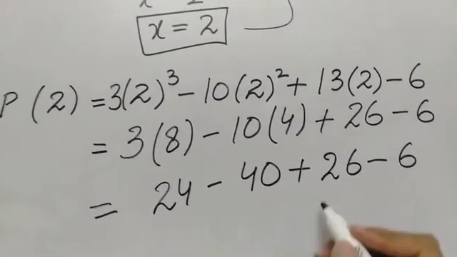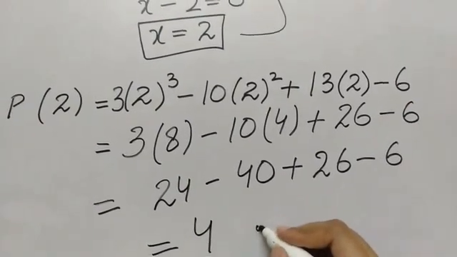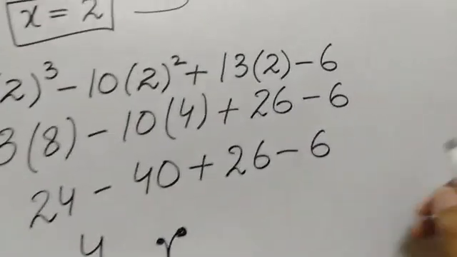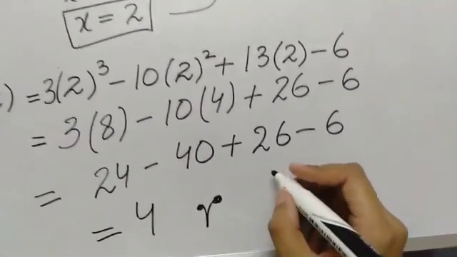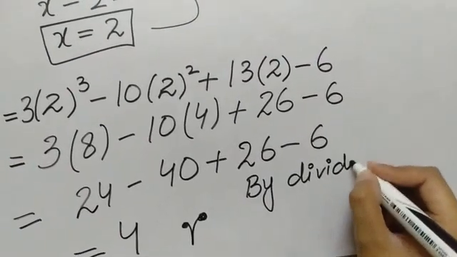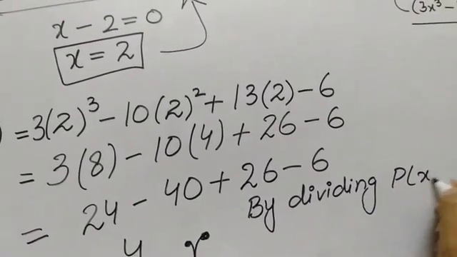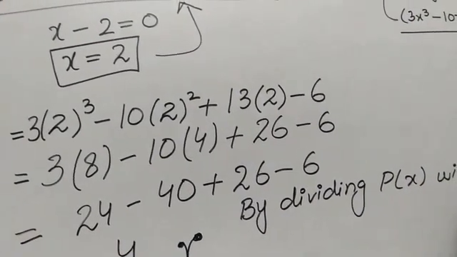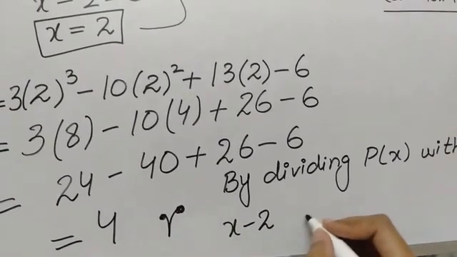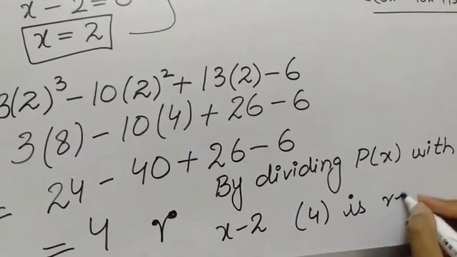By solving this whole expression, we get 4. So 4 is our remainder. We will write our answer like this: by dividing p of x by x minus 2, 4 is the remainder.